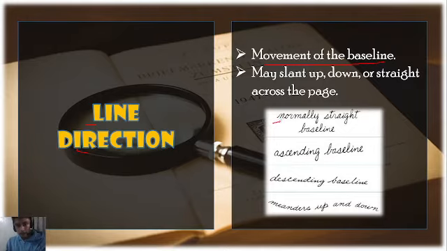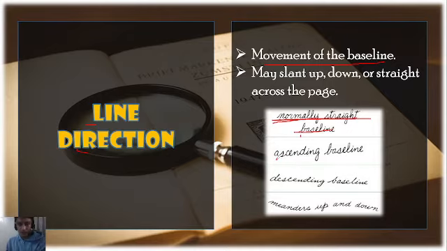The baseline is the bottom line, so that we can see whether the individual is writing in a straight line or not. You will notice this is a normally straight baseline, because his N is the same as the last letter he wrote, the letter T. The lines are the same, or they touch the baseline equally.